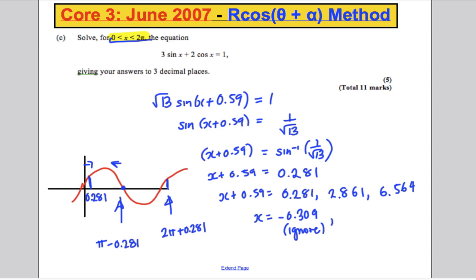This one you do 2.861 subtract 0.59, you get yourself 2.271, and the last one you do 6.564 subtract 0.59, and you get yourself 5.974. This is one of your answers, and that is the other answer. They are the two in the range.